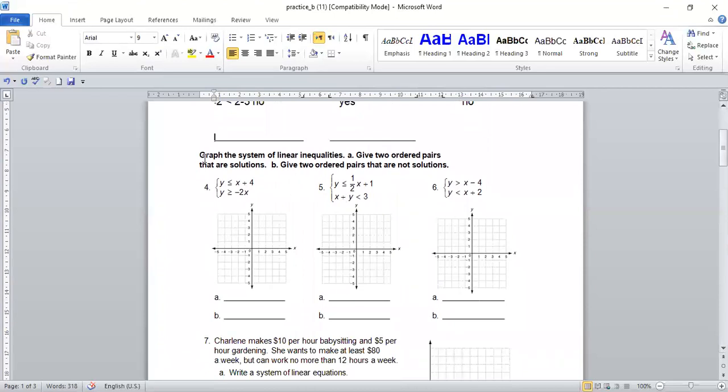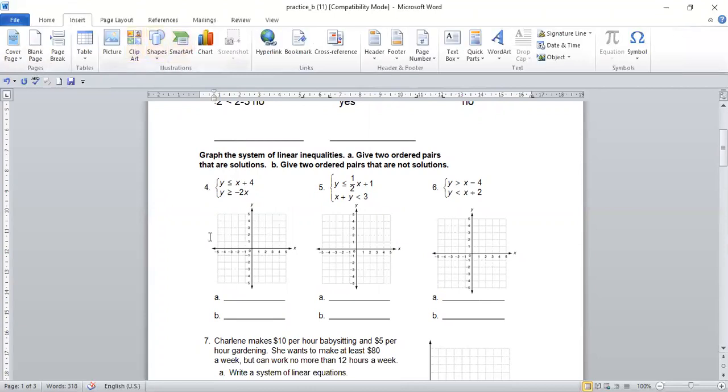Fine. This one: graph the system of linear inequalities. Give 2 ordered pairs that are solutions. Give 2 ordered pairs that are not solutions. Now here we have the slope of 1 over 1 and the intercept is 4.